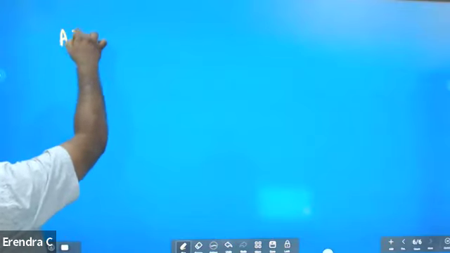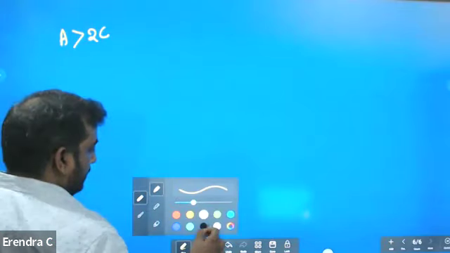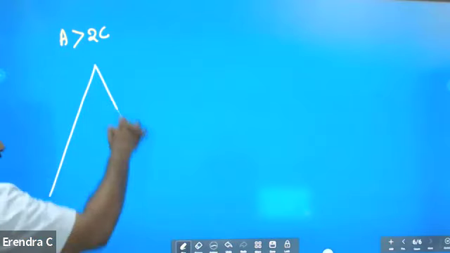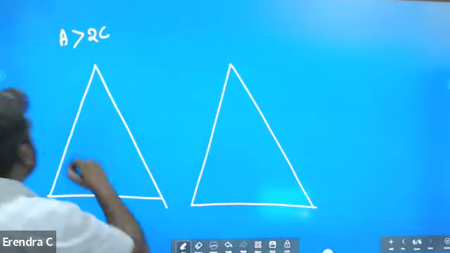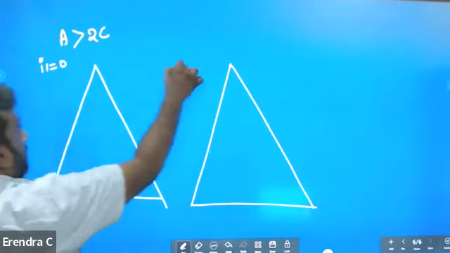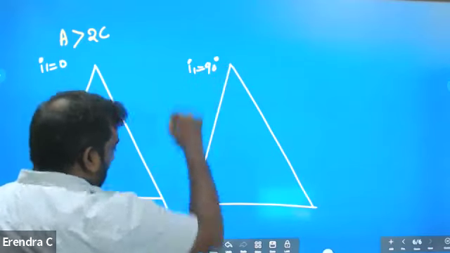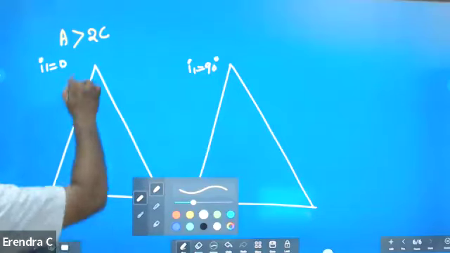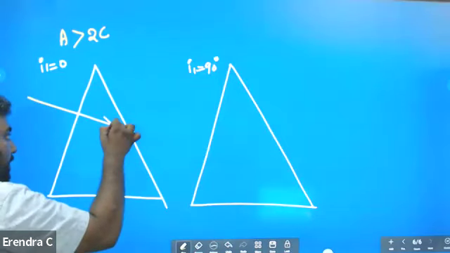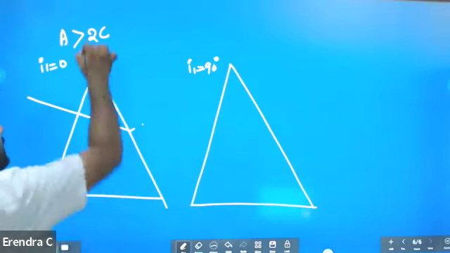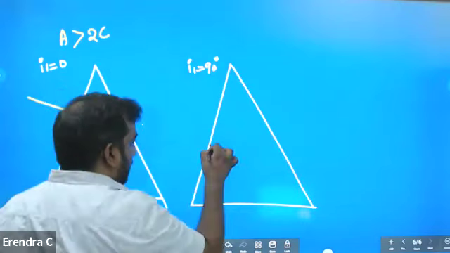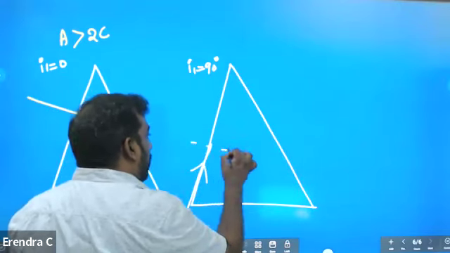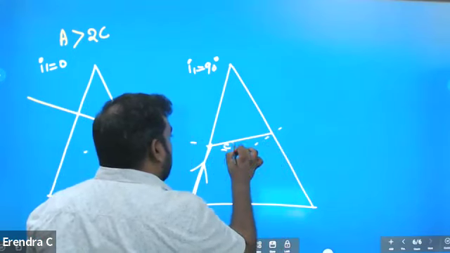Next one, A greater than 2C, let's see. Quickly we'll draw these two. I1 equals 0, I1 equals 90. Have a look. If you take I1 equals 0, the prism angle is greater than critical, so total internal reflection. Here the light ray goes along the boundary, at the critical angle.